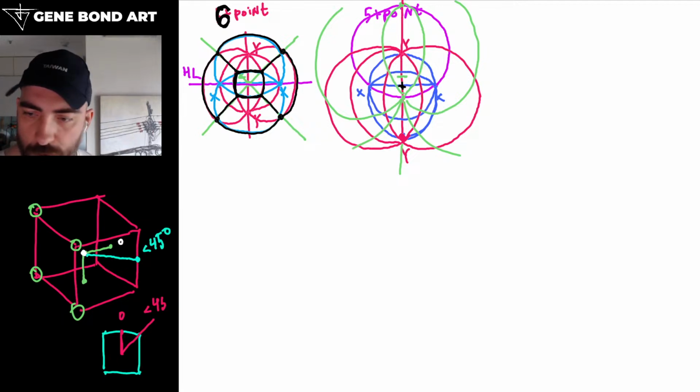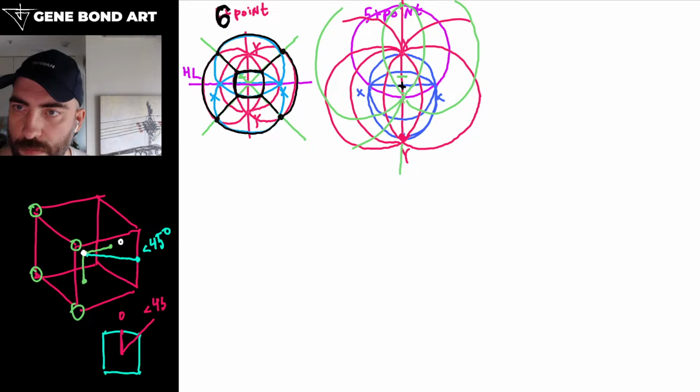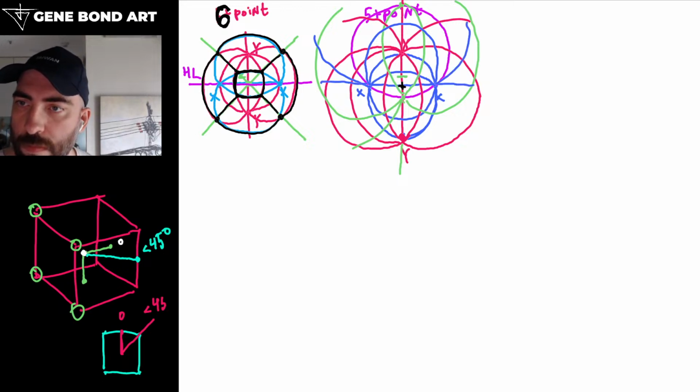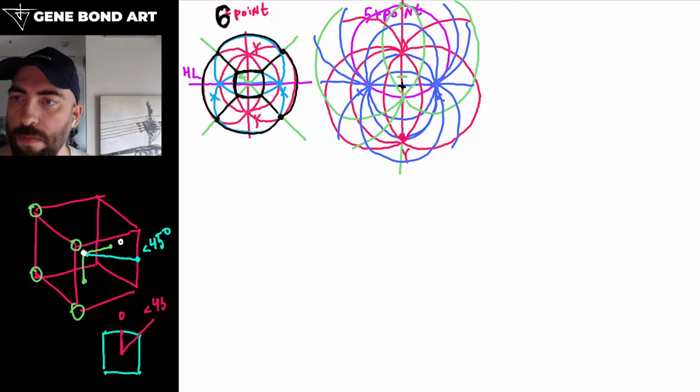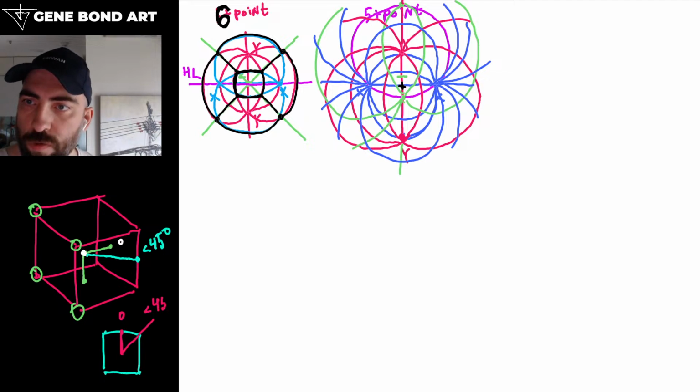To rush, let's do each color. So let's draw this box we see from inside in this perspective.